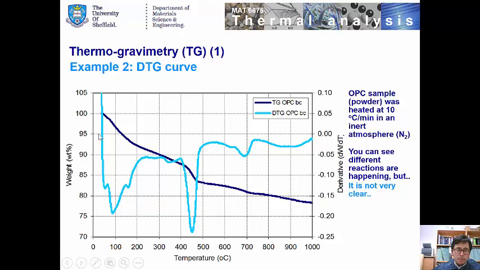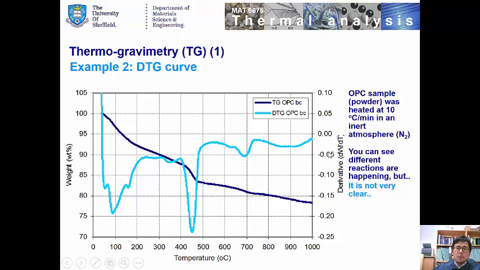Now you can see the quite broad event at the lower temperature and around 400 to 500 degrees Celsius, another distinctive event, and also around 600 to 800, another event. And also at the lower temperature, this is actually 3 different events overlapping together, or there are some small minor events also observed.